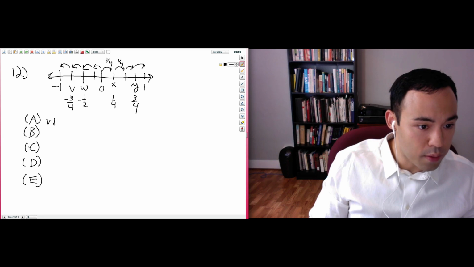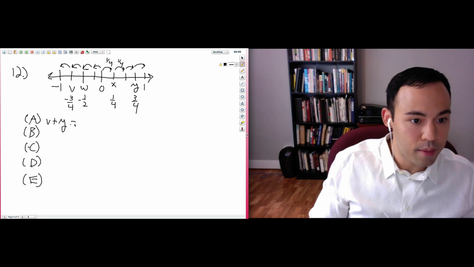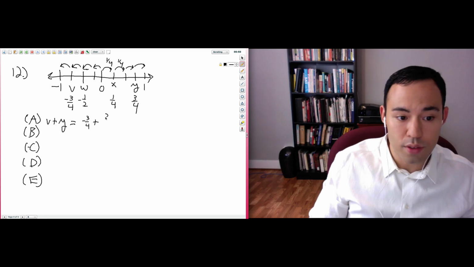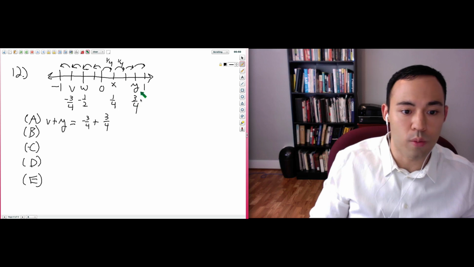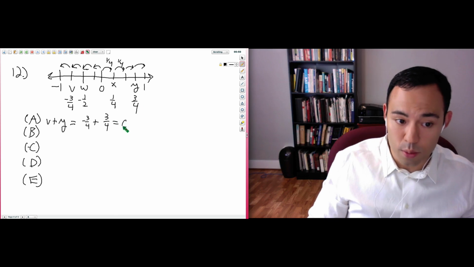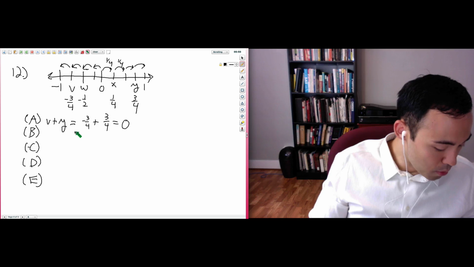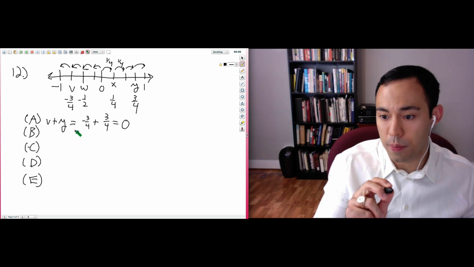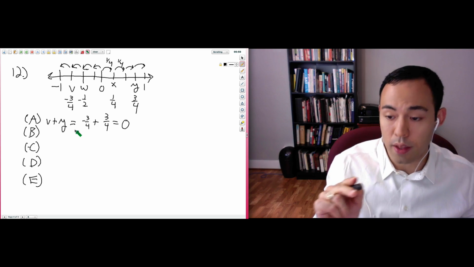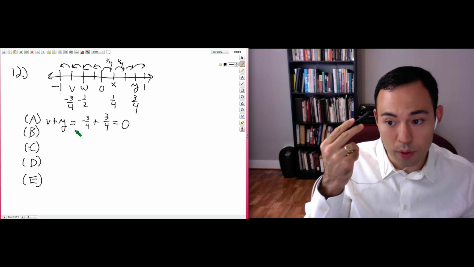And we have V plus Y. So we have V is -3/4 plus Y, which is 3/4, and that equals 0. And remember, if we underline the part of the problem that is actually asking us the question, we know we're looking for the least value.